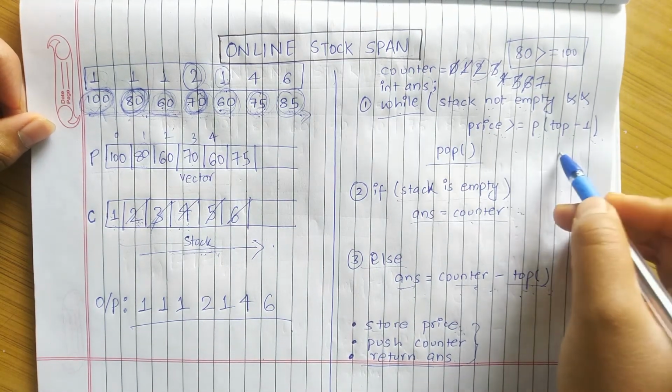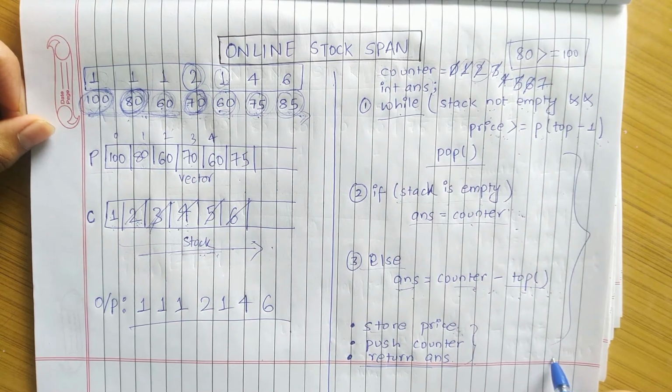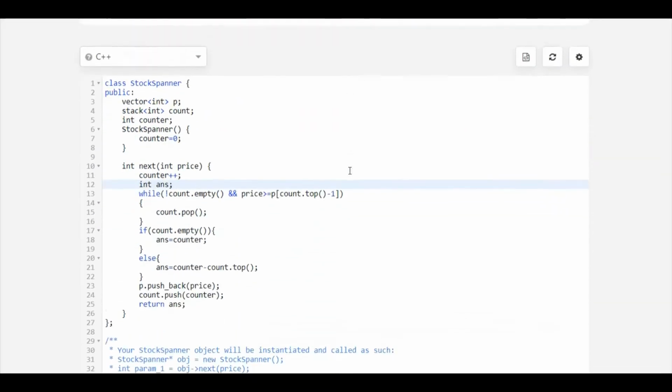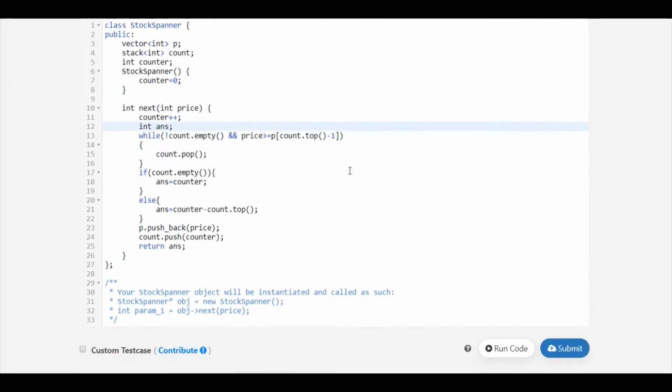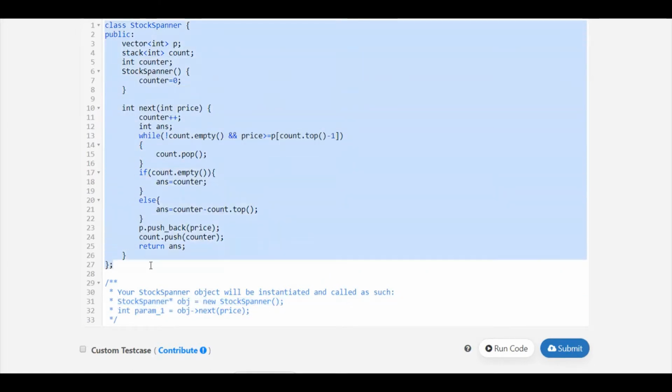It is exactly the same algorithm. I hope you understood, and this is our code. So what we basically are trying to do, first this will be executed, that means a new stock spanner will be made and this class will be called.